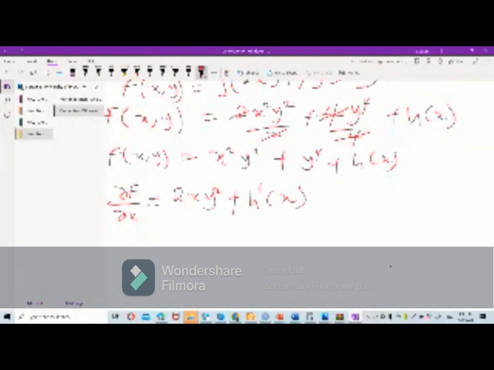Then when you compare this with m, we have 2xy squared plus h prime of x equals to m, which is 2xy squared plus 3x squared. So this goes with this. So I have h prime of x equals to 3x squared.